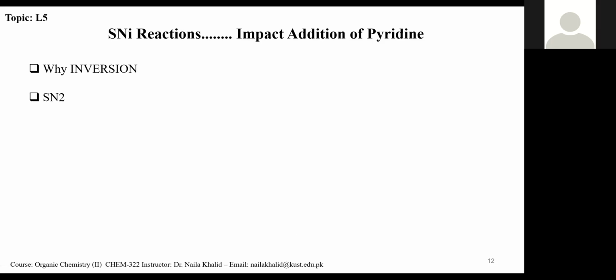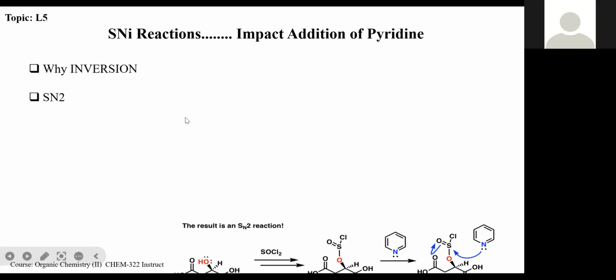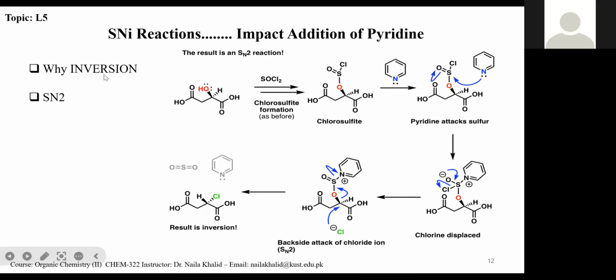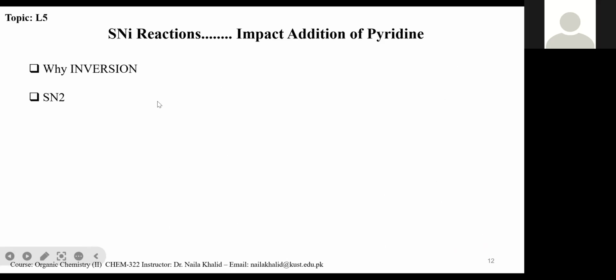So SNi reactions are affected by the addition of some electron pair containing reagents like pyridine and dioxane. If you add pyridine to any SNi reaction, there is a possibility that the stereochemistry of the product is changed, and you will observe inversion rather than retention of configuration.